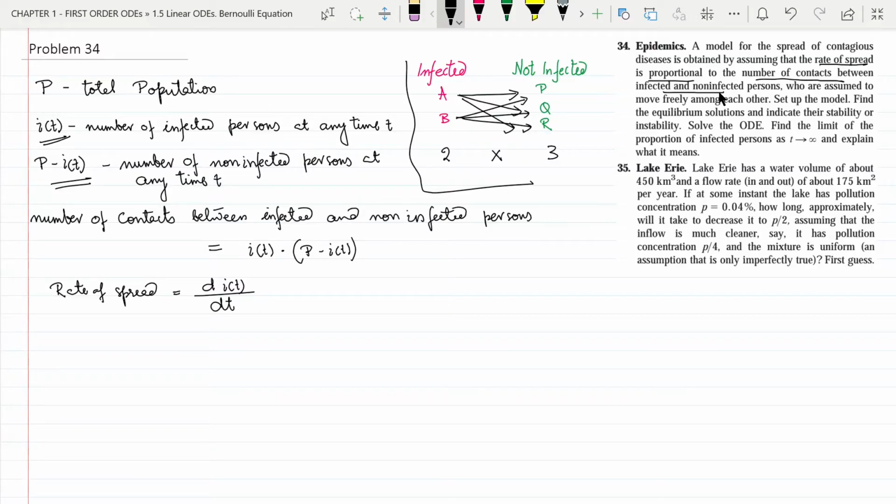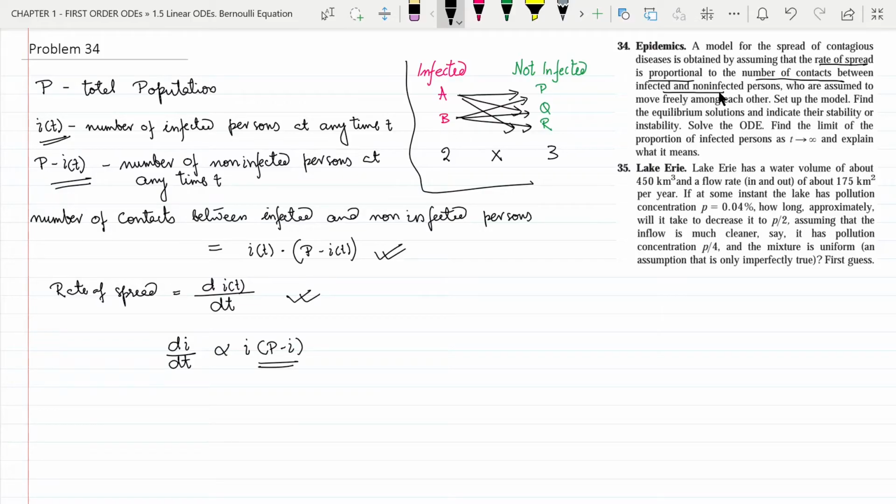As per the question, this rate of spread is proportional to this quantity, which is the number of contacts between infected and non-infected persons. So we can write dI/dt, or rate of spread, is proportional to I multiplied by (p minus I).